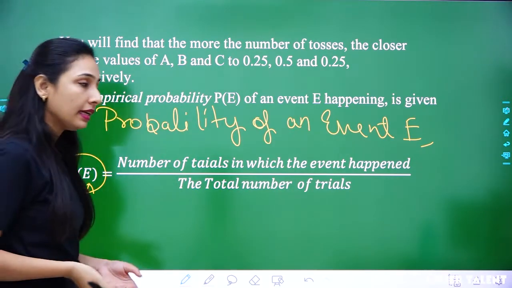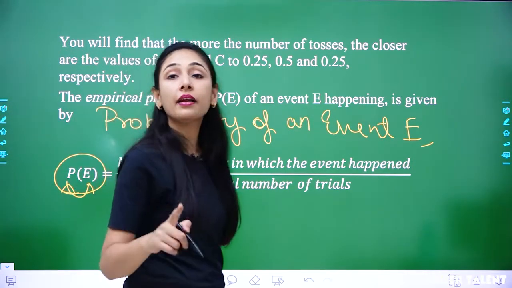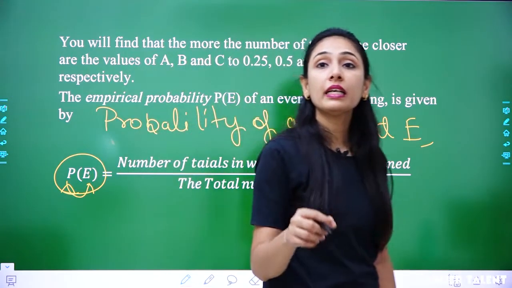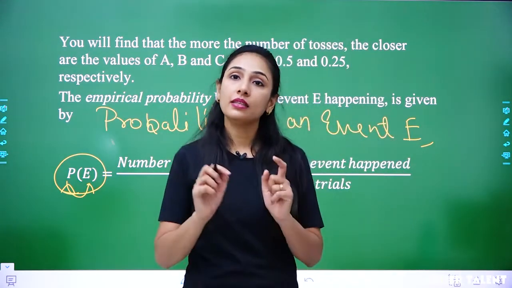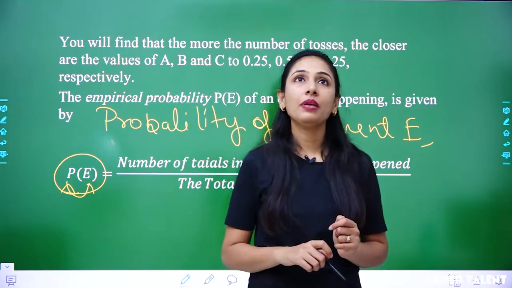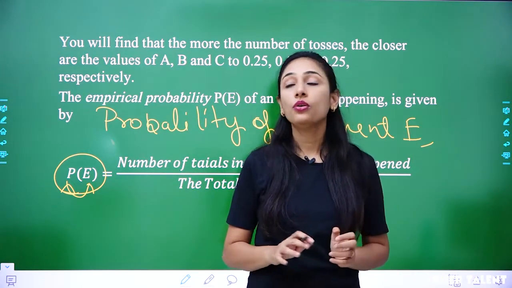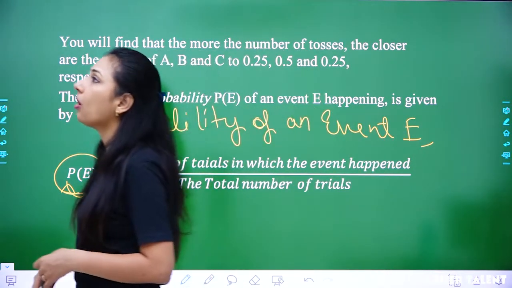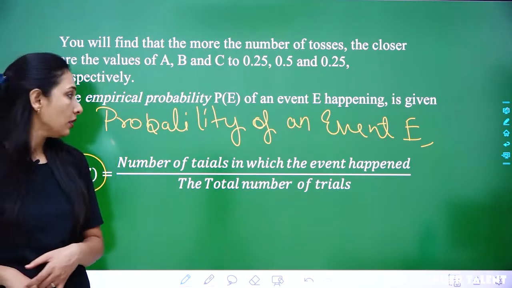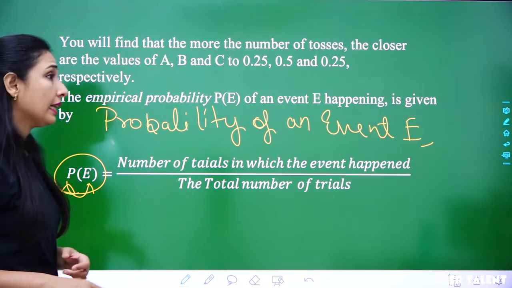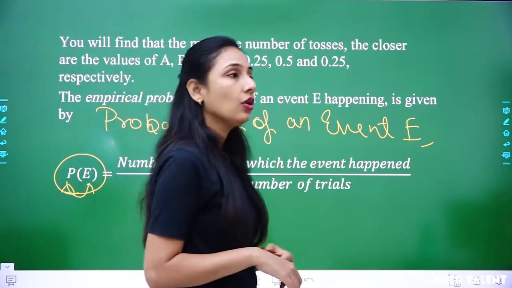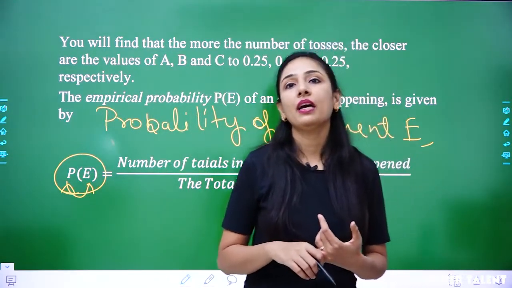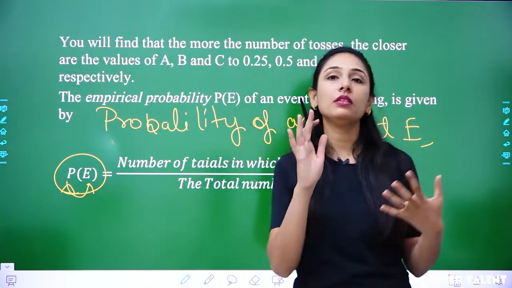What is an event? If I am talking about getting a head, what is the probability of getting a head? So getting a head is an event. Now I may have number of trials equal to 20. In 20 trials, let's suppose I got 1 head 16 times.